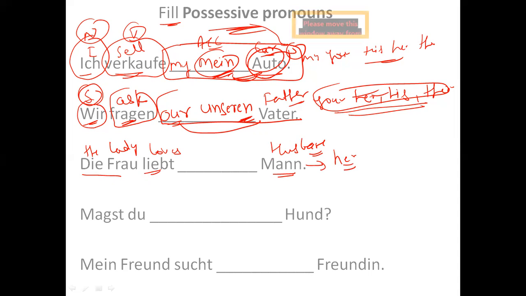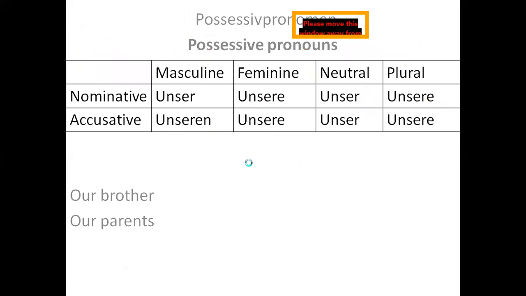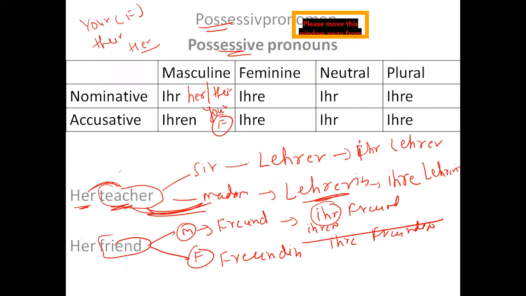So husband is masculine, hence answer would be ihren, right? If I go to that table, see here, if I see husband is masculine, it can be ihr, it can be ihren, but since I'm talking about the object part, hence it would be ihren.